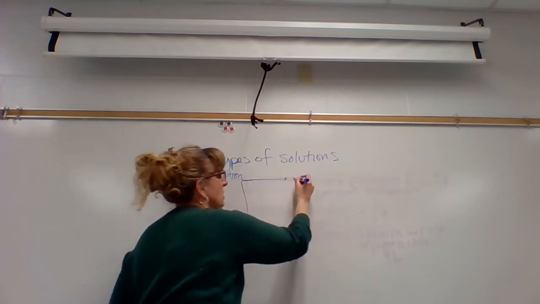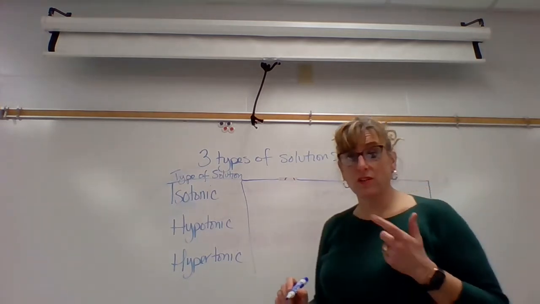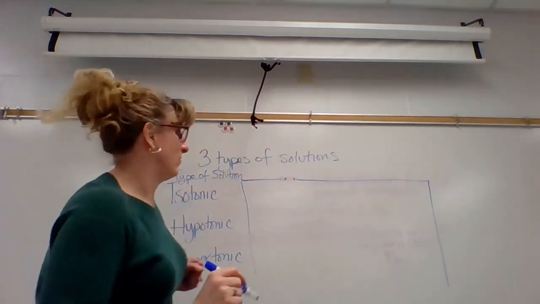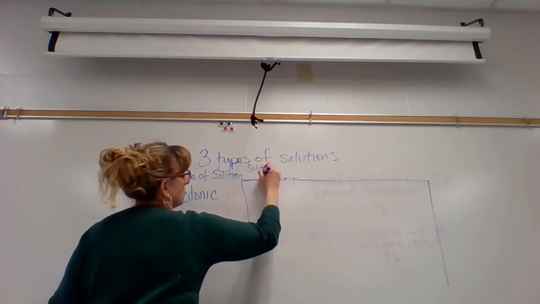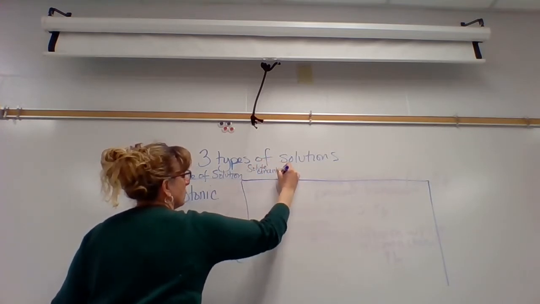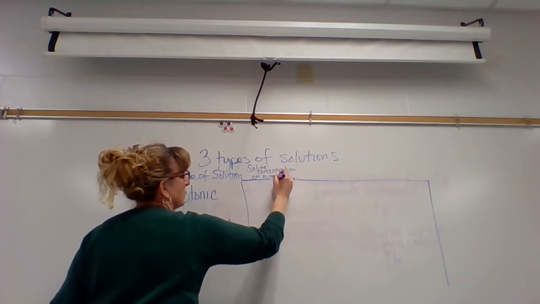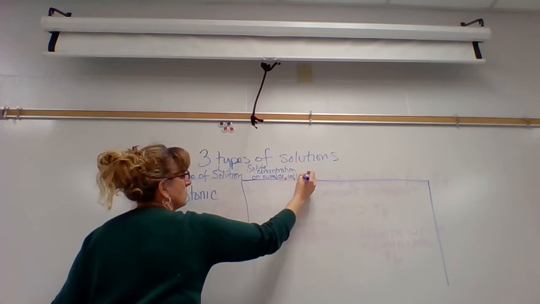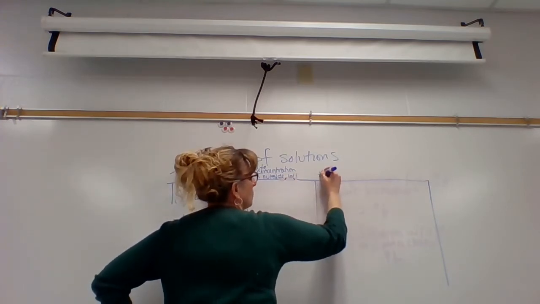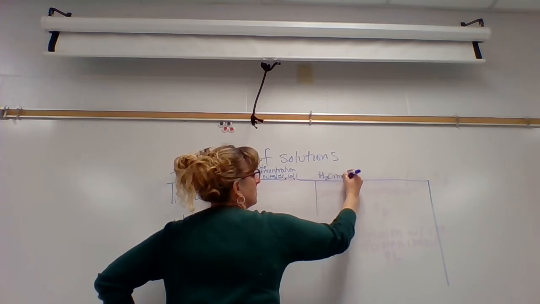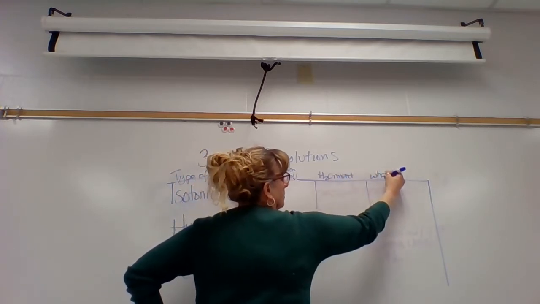When we're talking about these solutions, we are talking about the solute concentration outside the cell. We're going to talk about that, then we're going to talk about what's going to happen, which is actually water movement.